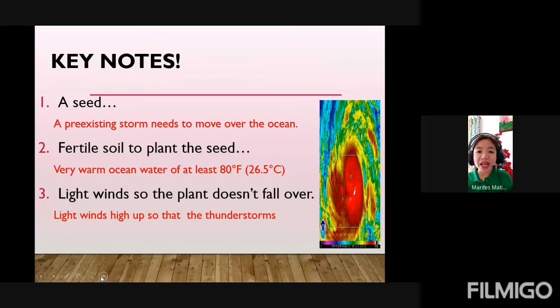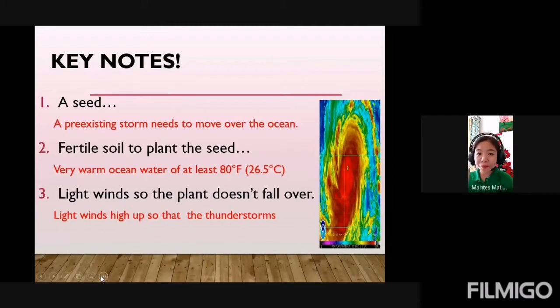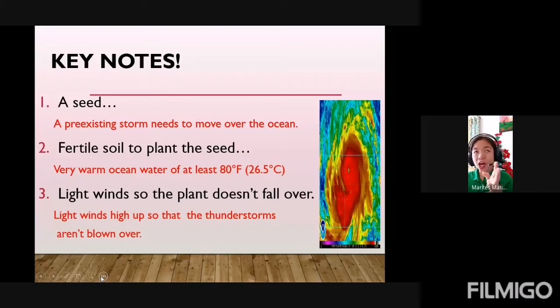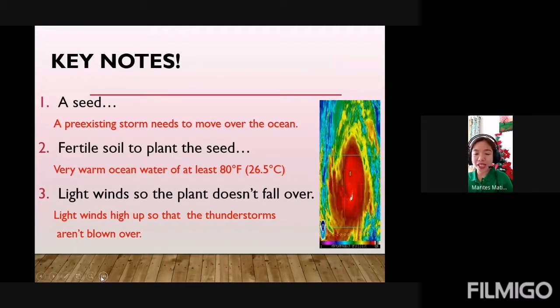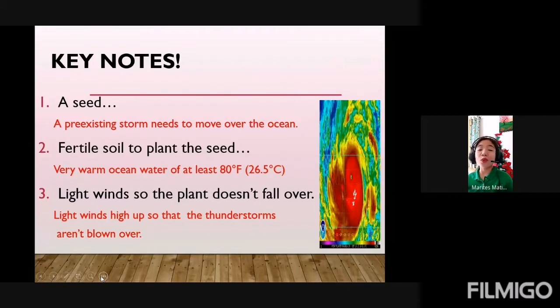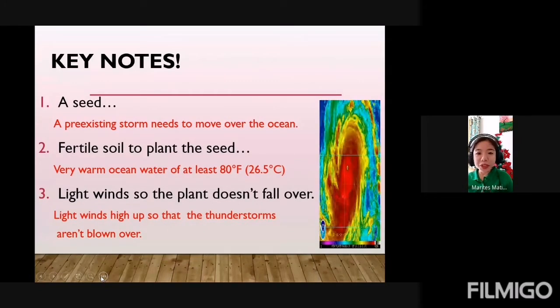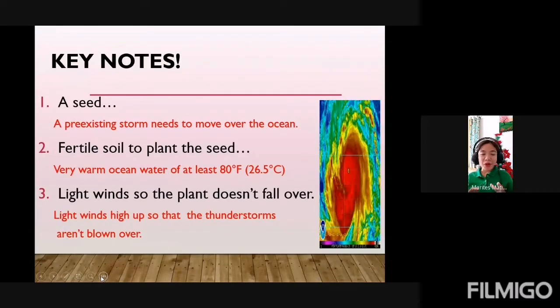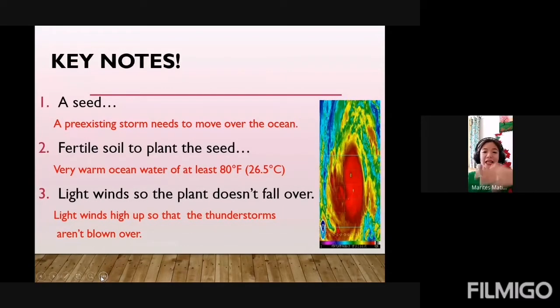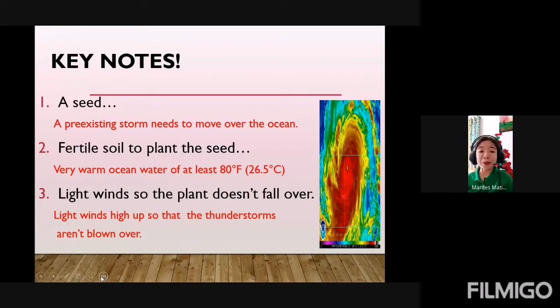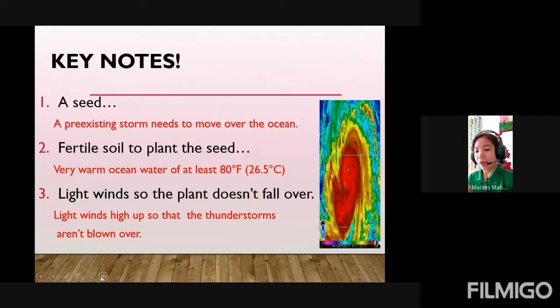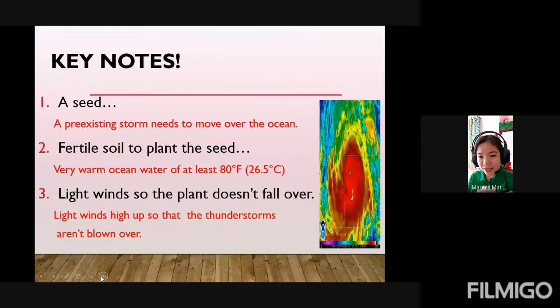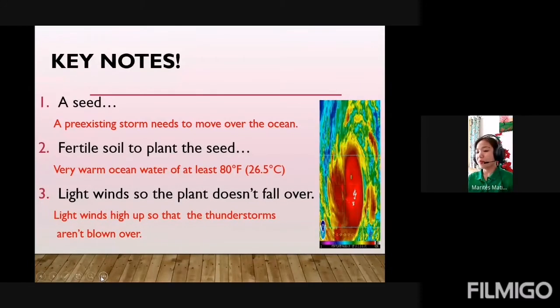So, we must have light winds so that the thunderstorms aren't blown over. So, kailangan lang natin habang nag-uumpisa pa lang, yung typhoon natin is light winds lang. Mahina pa lang. Okay, bakit? Kasi pag malakas yan, madali siyang matunaw. Okay, so papalakas dapat. So mag-start siya sa light winds, then pabilis ng pabilis.